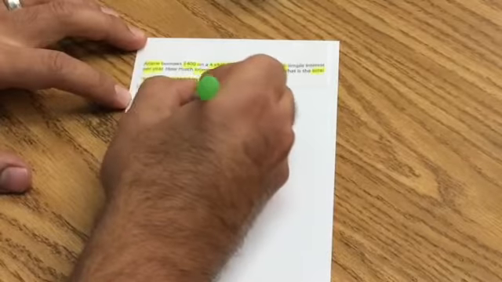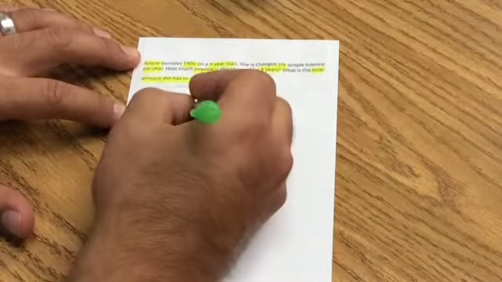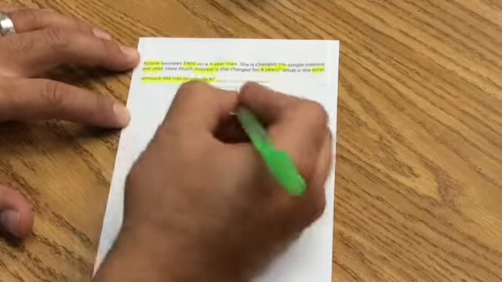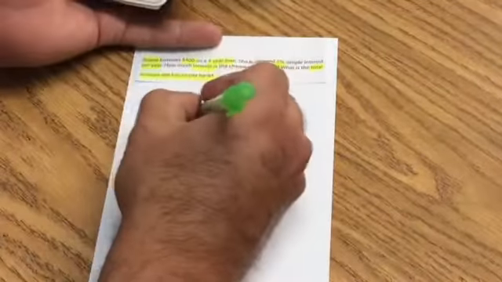The first one is $400, and she's paying 5% interest per year. So if I multiply by 5% turned into a decimal, 0.05, all I have to do is get my handy dandy calculator and put 400 times 0.05, and that is equal to $20.